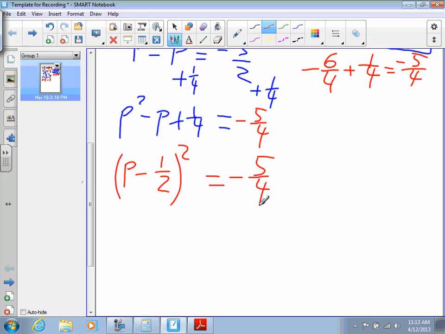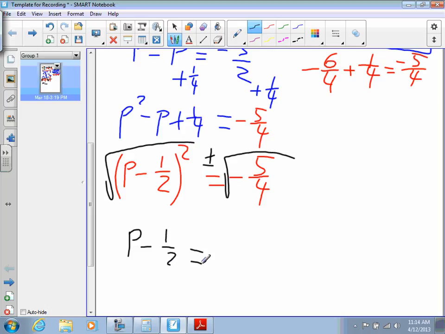Okay. And then we take the square root of both sides. And again, plus or minus. So over here we have p minus 1/2, and that equals, and we've got a problem here.